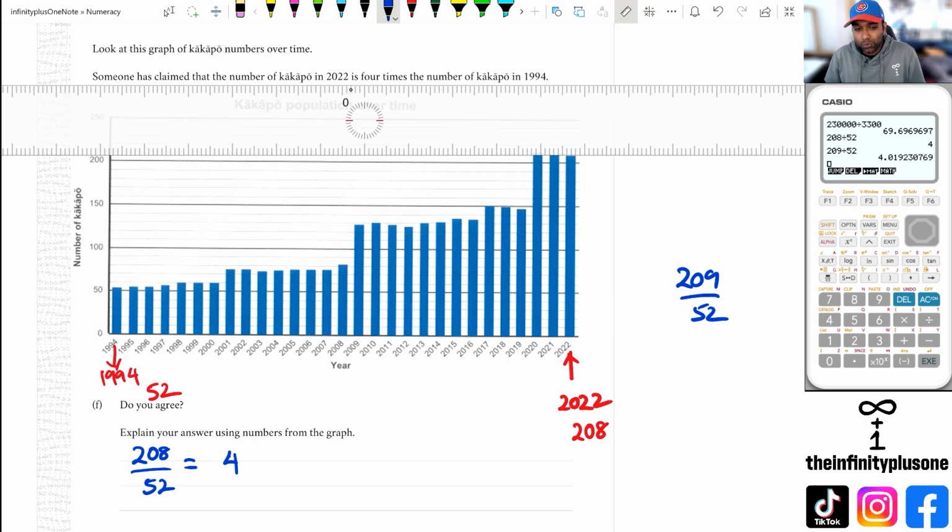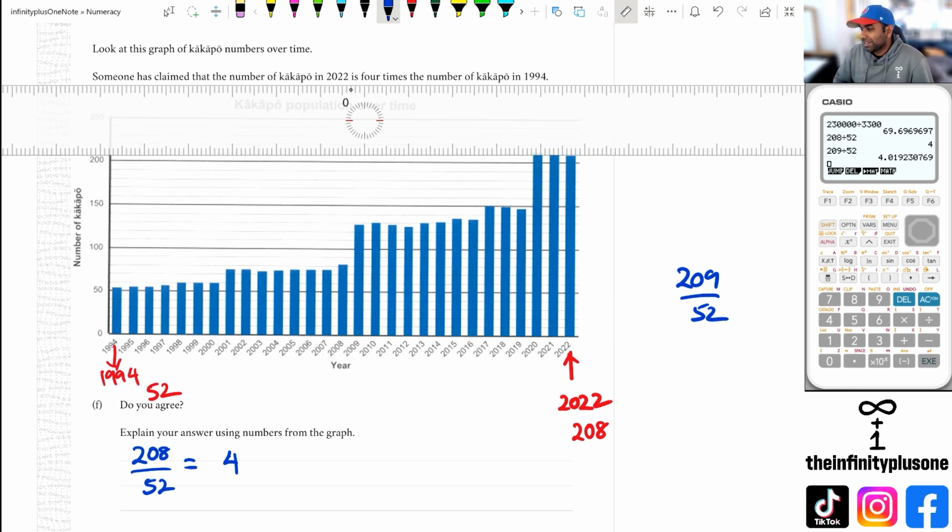If you get exactly 4, you'll say yep, I agree, because it's 4 times more than in 1994. But if you did the 209, you might disagree, because it's not exactly 4, it's slightly more than 4. But you could also agree that it's close to 4, therefore it's still 4 times more.